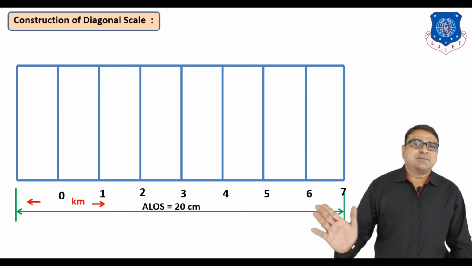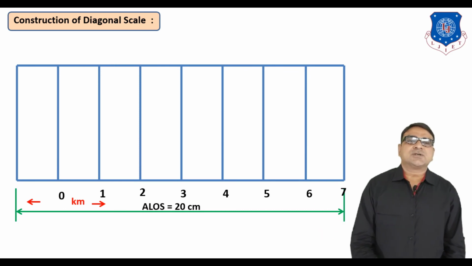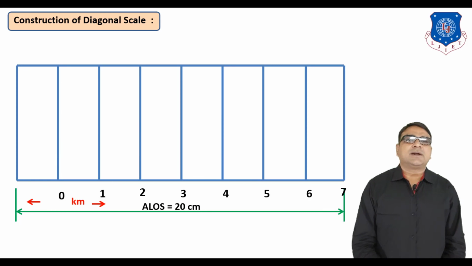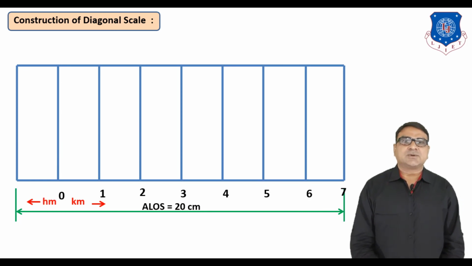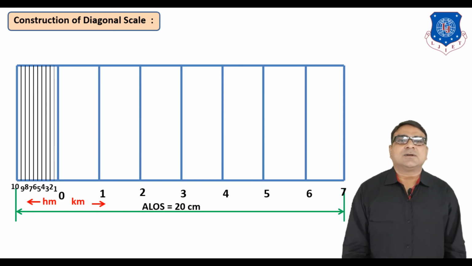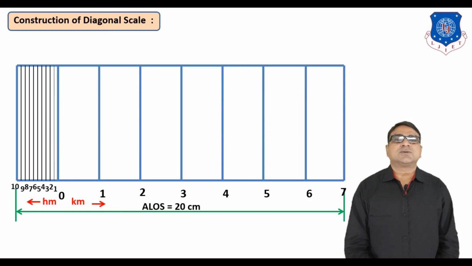Now on the left side of 0, which is also 1 kilometer, but 1 kilometer is equal to 10 hectometer, so divide this first subunit into 10 equal parts and insert 0 on the left side, then 1, 2, 3, 4, 5, 6, 7 up to 10.